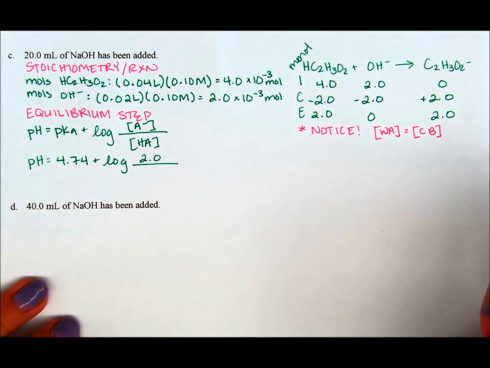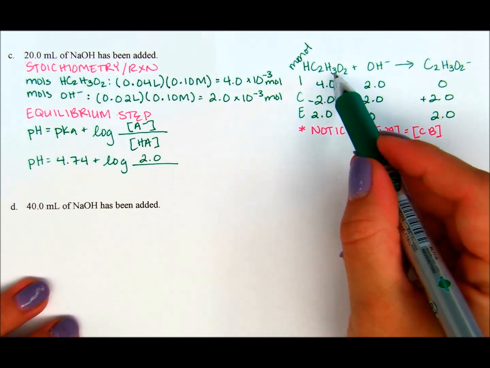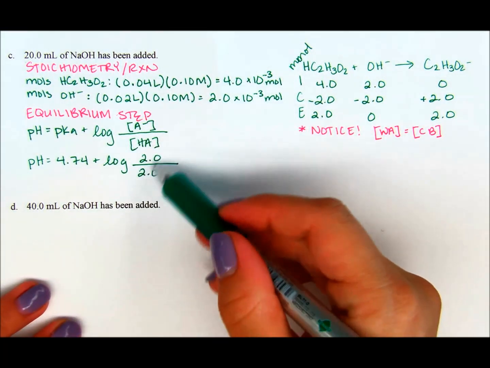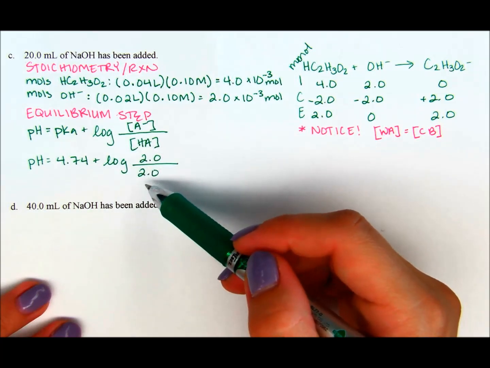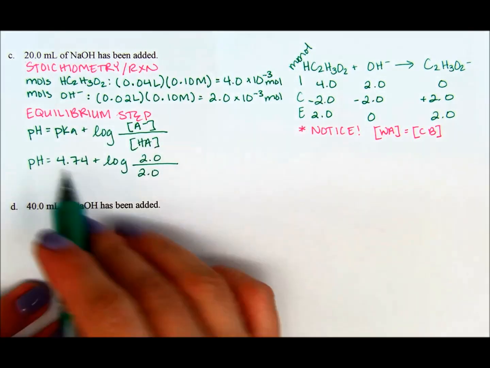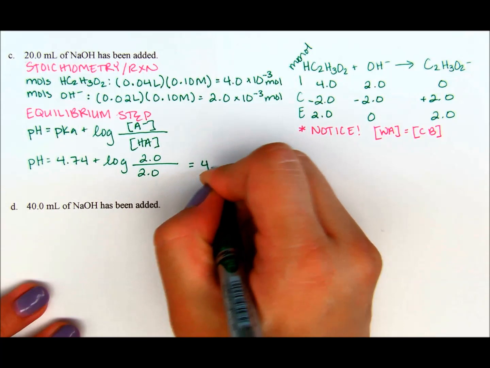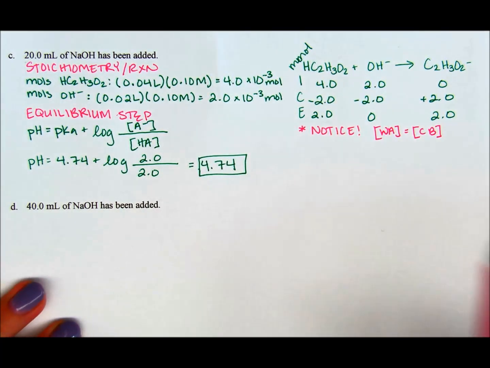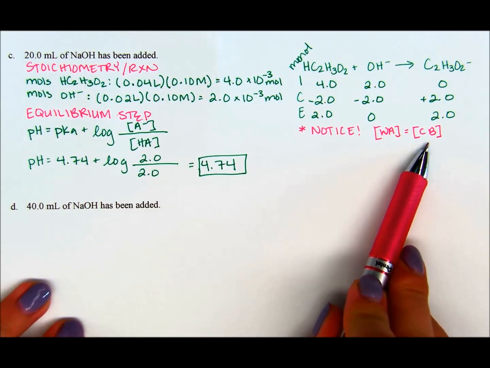So we'll just go ahead and do millimoles here. 2 divided by your millimoles of your acetic acid. So you'll notice here that this is just 1, right? And so the log of 1 is going to be 0. So 0 plus 4.74, your pH then just equals your pKa. So that equals 4.74. That's your pH. Now, that's always true anytime your weak acid equals your conjugate base concentrations.